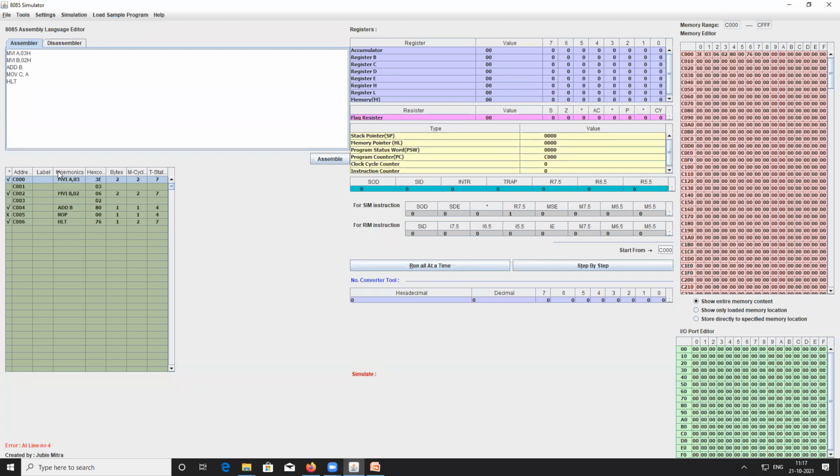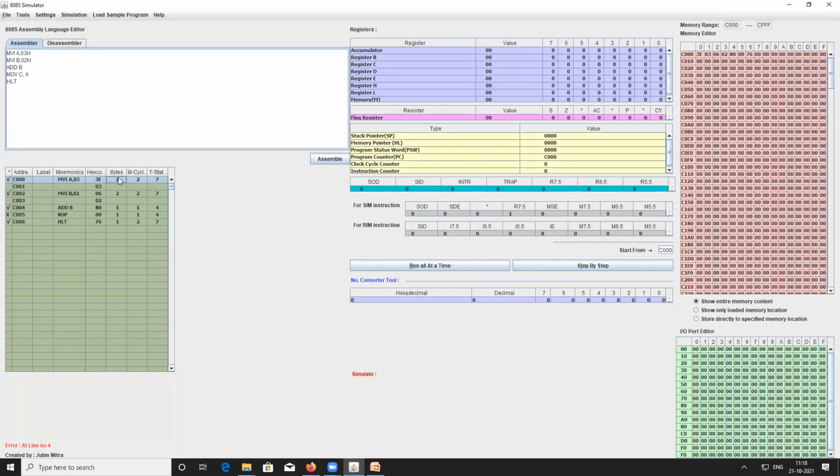The mnemonic MVI A has the opcode or hex code 3E, and 03 is the value we have to store into the accumulator. So it is a 2-byte instruction.